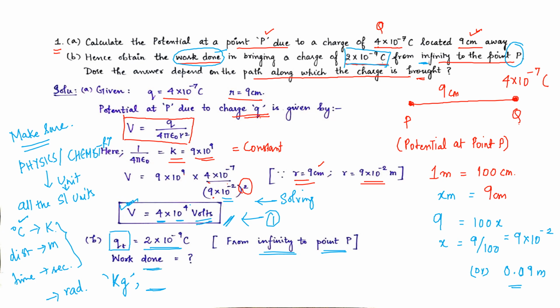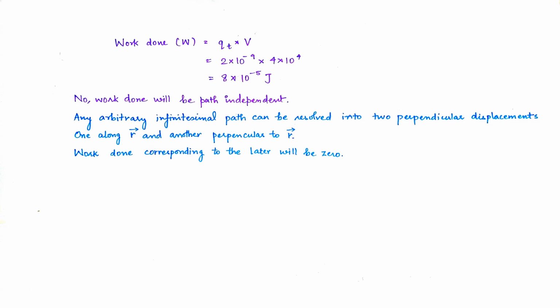Now what is the amount of work done? Work done is given by charge into potential. Work done equals charge into potential.